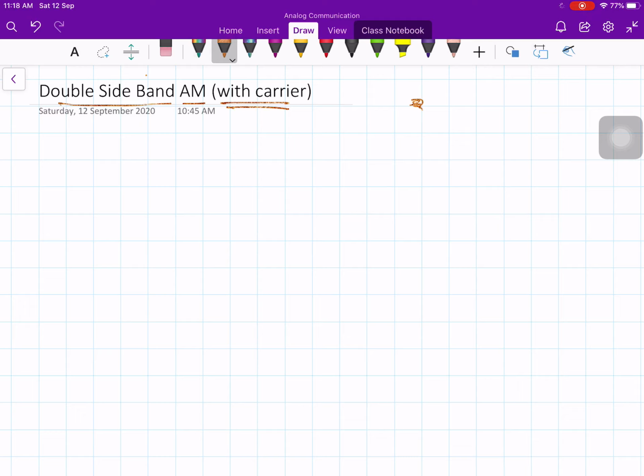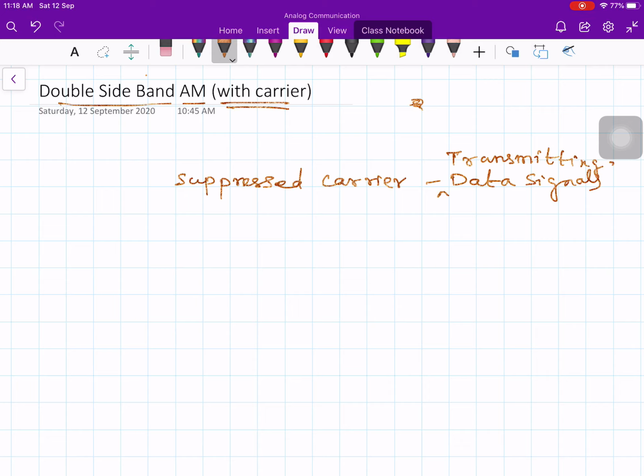The suppressed carrier situation was used in earlier days, typically for transmitting data signals. For voice signals, AM with carrier is one of the most commonly used forms of amplitude modulation.